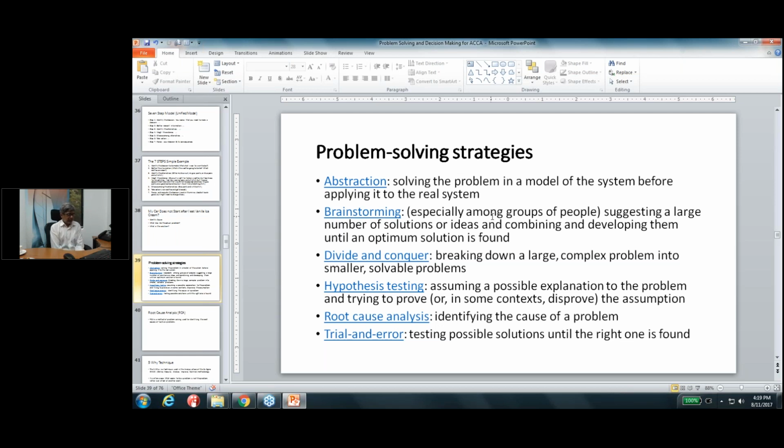Abstraction means that we need to build a model for a particular problem and look at the problem from a different perspective. One of the courses that you may have heard of is financial modeling. Financial modeling is an approach to a problem by varying different factors associated with the model.